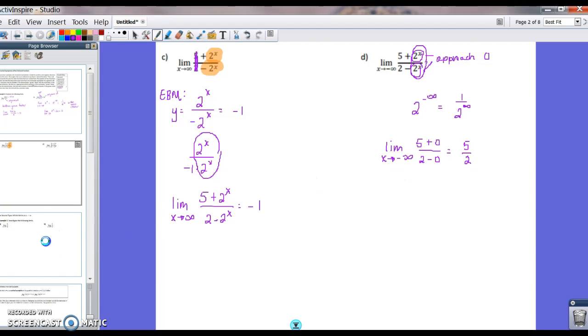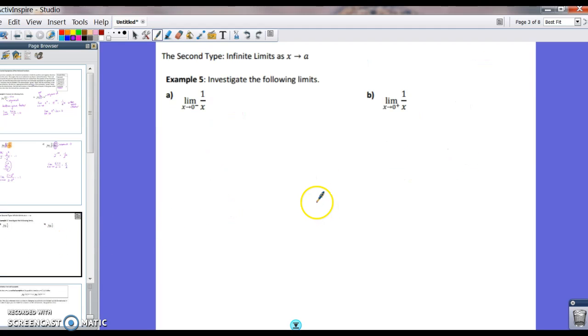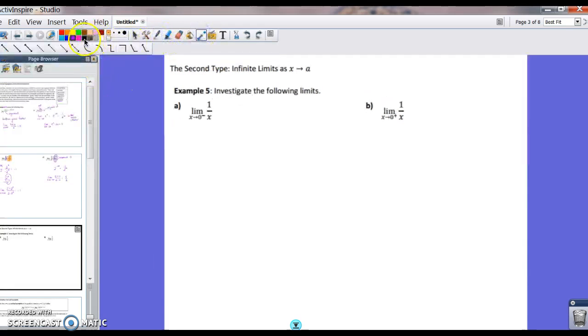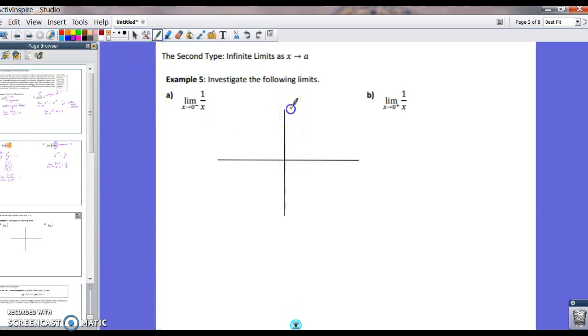Okay, let's look at a second type. The second type of problem we have is when we have infinite limits as x approaches some value. So in this case, I'm approaching 0. And the graph of this, if this is my axes, we talked about this before, it basically looks like this.